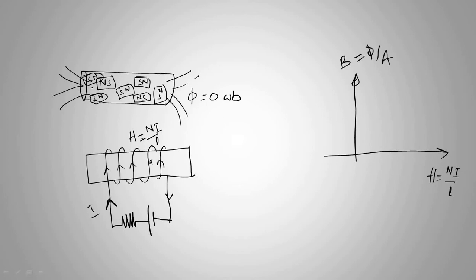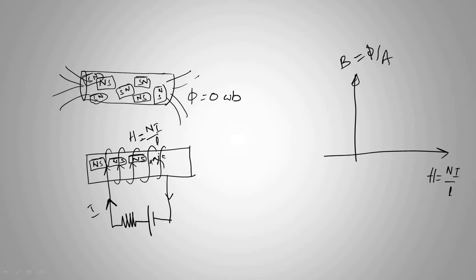Initially, these magnetic dipoles are in a random direction. Whenever we energize the magnetic material with the magnetomotive force, the dipoles start to orient in a particular direction like this.